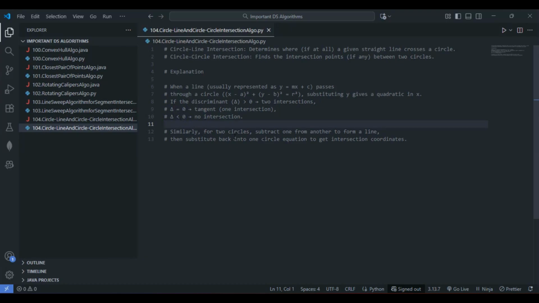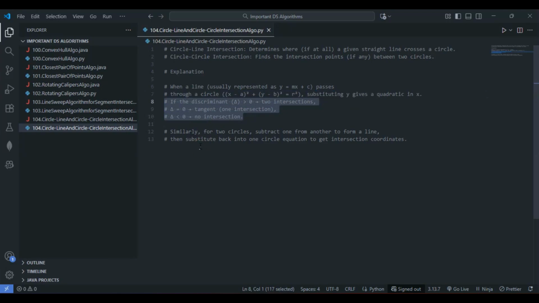Similarly, for two circles, we subtract one equation from the other to form a line, then substitute back into one circle equation to get the intersection coordinates. This one you have to know: y equals mx plus c passes through the circle, and substituting gives the quadratic in x.